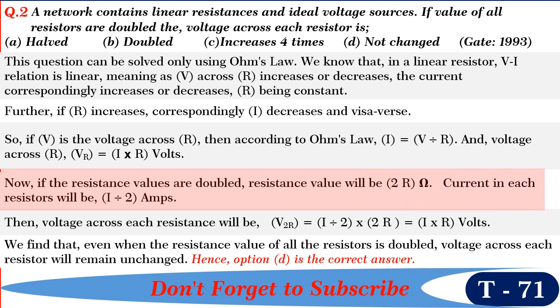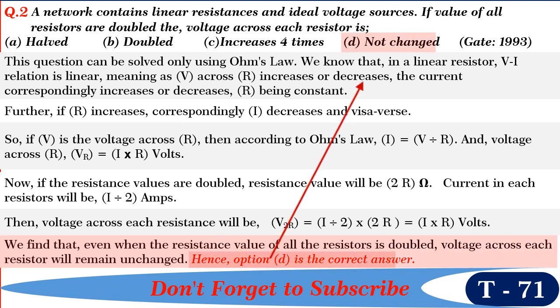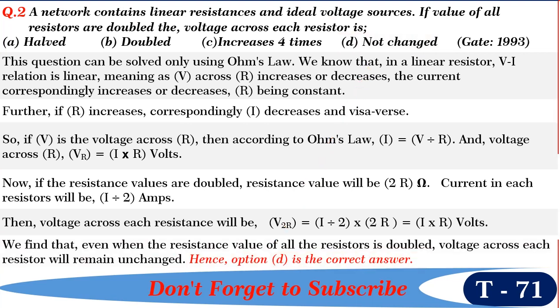Current in each resistor will be I divided by 2 amperes. Then voltage across the resistance will be I divided by 2 into 2R equal to I into R volts. We find that even when the resistance values are doubled, voltage across each resistor will remain unchanged. Hence, option D is correct.